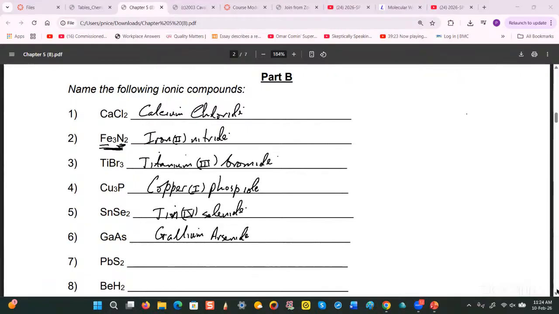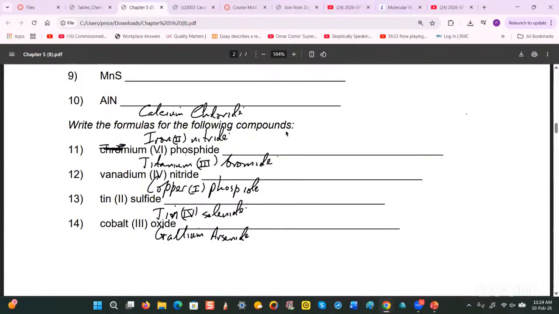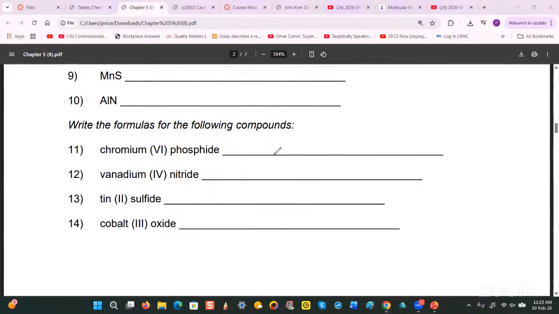Now below, you're doing the reverse. So let me clear this here. Below you're given the name and you're asked to write down what the formula is. So what do you think the formula for chromium(VI) phosphide is? Cr3P6. Not quite, because they need to have the lowest ratio.